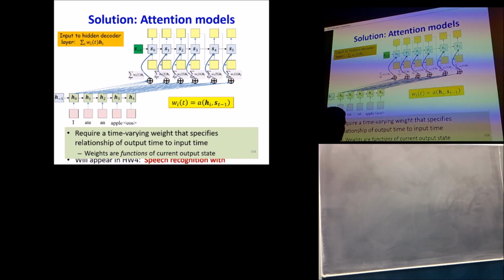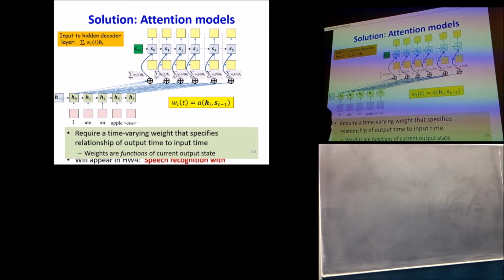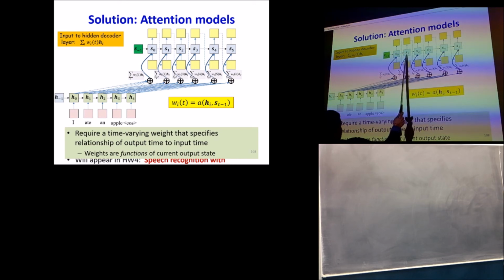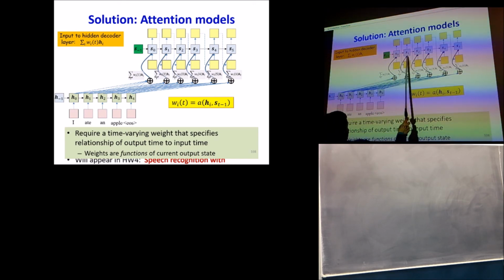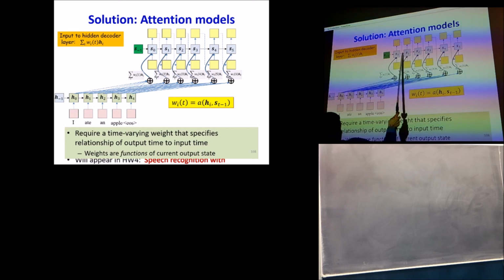So the time varying weights that specify the relationship of the output time to the input time are a function of the current output state. So the weights with which these are going to be combined to produce this vector that goes in at this time are going to be dependent on what has happened previously, which is to say the hidden state out here.